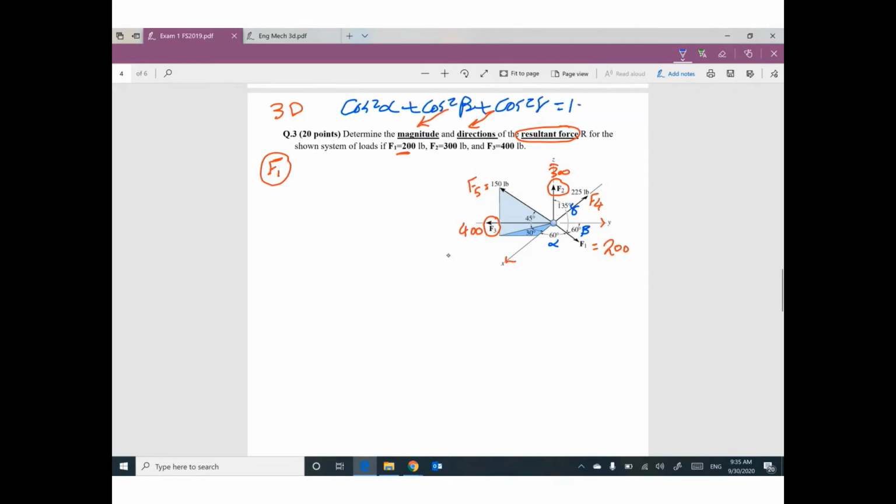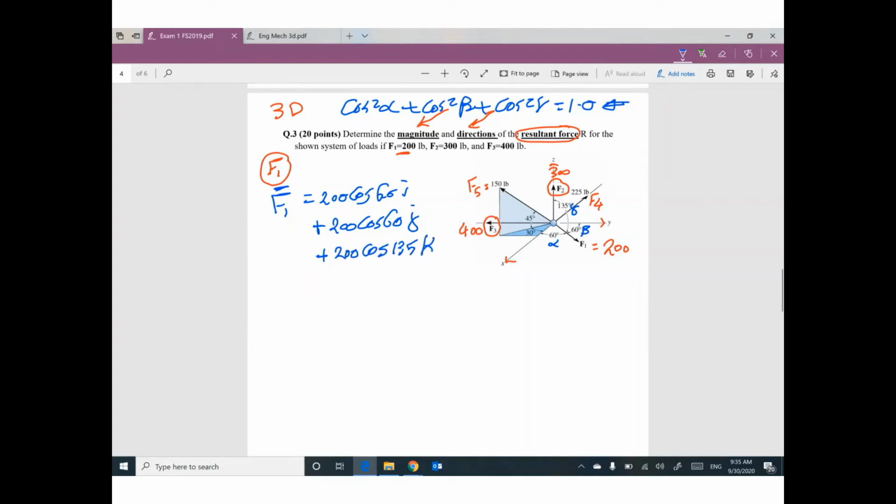This equation will help you figure out the missing angle, but in this case we don't have one. So F1 as a vector will be 200 cosine 60 i plus 200 cosine 60 j plus 200 cosine 135 k.